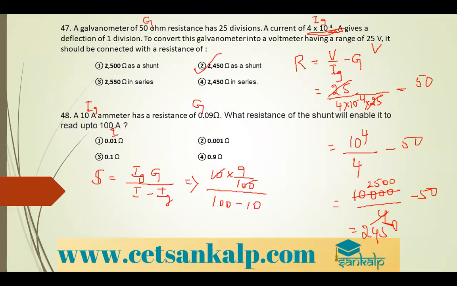So a 10 cancels, and 100 minus 10 is 90. So 0.9 divided by 90, which is 1 divided by 100, that is 0.01.